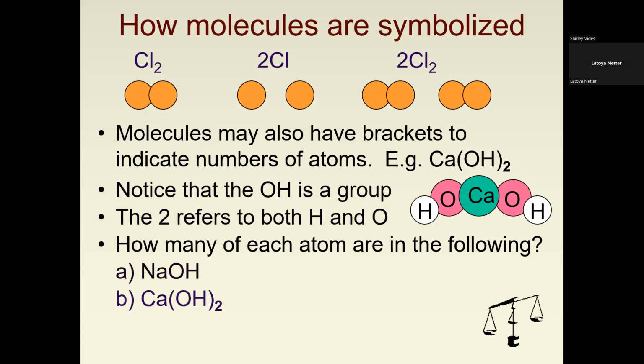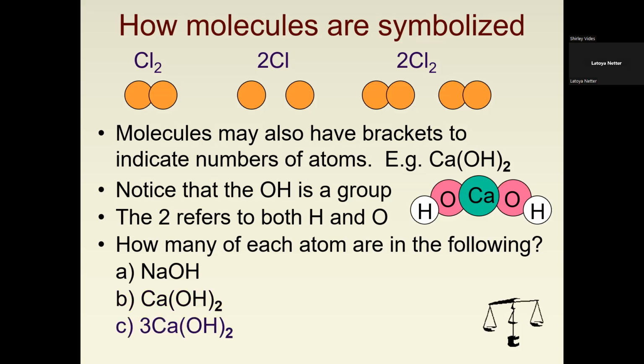Okay, here you have 1 atom of calcium, and then you have 1 atom times 2, right? So 2 atoms of oxygen and 2 atoms of hydrogen.